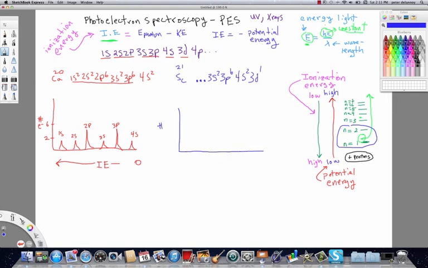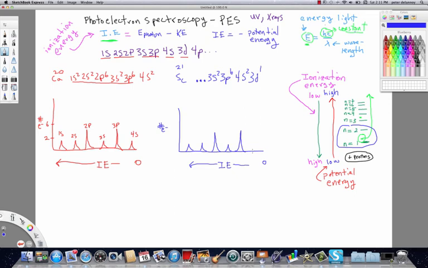So again, we're going to have numbers of electrons on the vertical, and ionization energy increasing to the left. And we would have, here's the 1s, 2s, 2p, 3s, 3p, all right, and then something interesting happens.